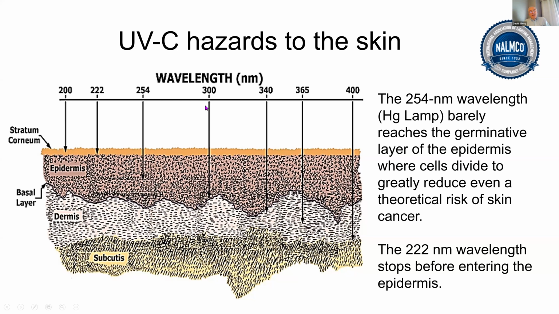But 300 nanometers in the peak of the UVB, the peak of the photocarcinogenesis action spectrum, the skin cancer action spectrum, that you see does reach down to those germinative cells and the basal layer of the epidermis.